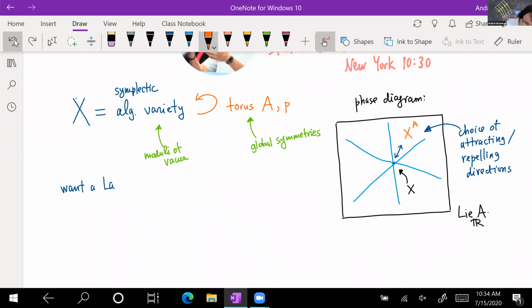Then these attracting manifolds are conormals to Schubert cells, and the full attracting set is some union of their closures.